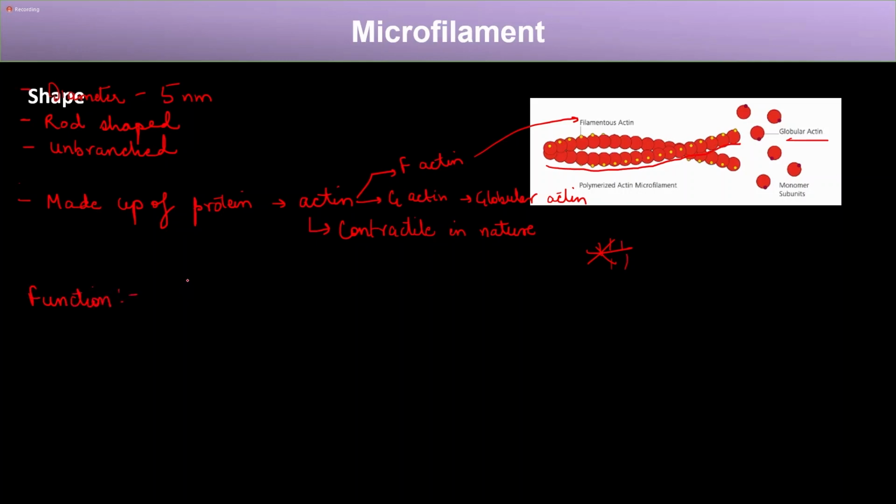the first function is they are found in close association with the plasma membrane. So suppose you have this cell, so this microfilament will be found somewhere very close to the plasma membrane. Because they are found in close association with the plasma membrane, they provide support to the plasma membrane.